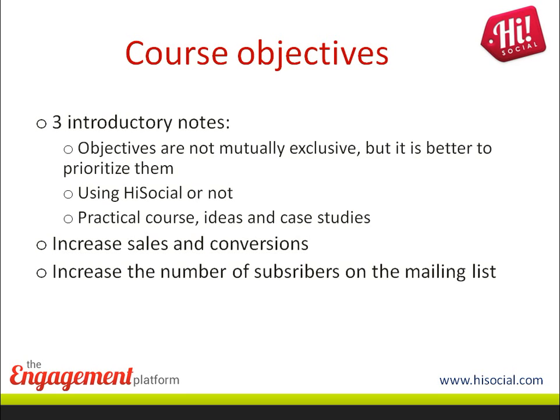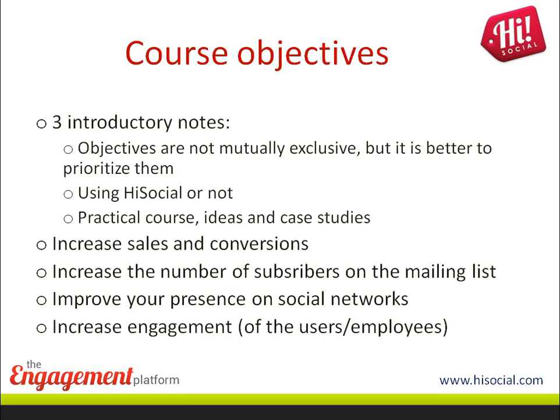Later on, you can use these emails to contact the subscribers and to send a newsletter about your business, about your promotions, sales, etc. The third goal is to improve your presence on social networks. This course will help you increase and strengthen your presence in different social networks. The final objective of this course is to increase engagement of both the users and your employees. These are all the objectives we want to achieve with this course.